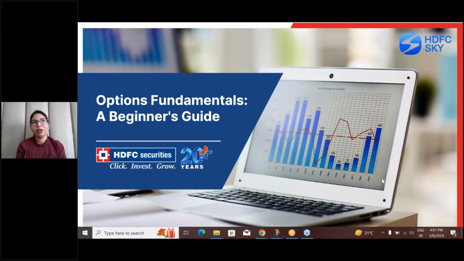Or maybe you're an equity trader, and you want to explore the options market as well, but you're not able to do it for the same reason: you don't know the basics or how option trading works. There is a huge volume that takes place daily in the Indian market in options. So for the same reason, we will learn the option fundamentals today in this webinar.